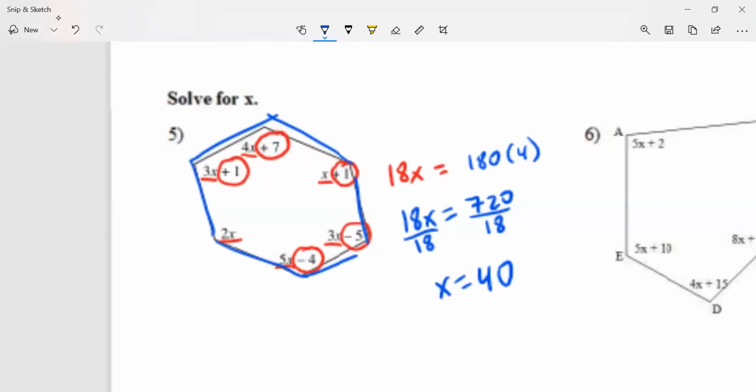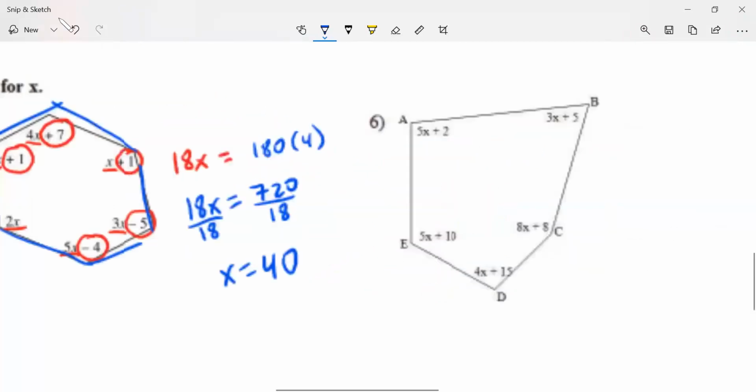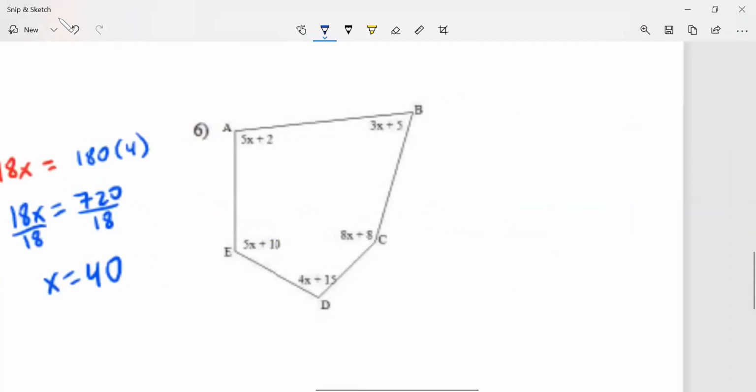Not that bad. Let's take a look at question number 6 here. Let me add all these things up. When I'm adding first, I'm going to combine like terms. So when it comes to letters, I see 5x plus 3x plus 5x plus 8x plus 4x. Let me combine them all, and that happens to give me 25x.